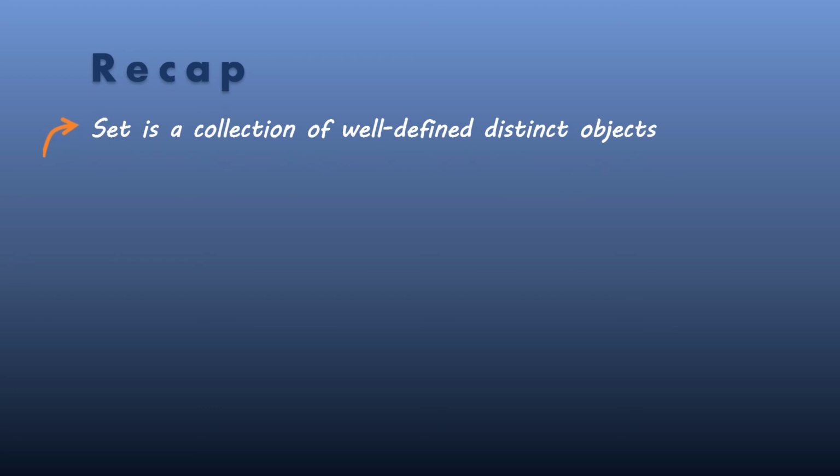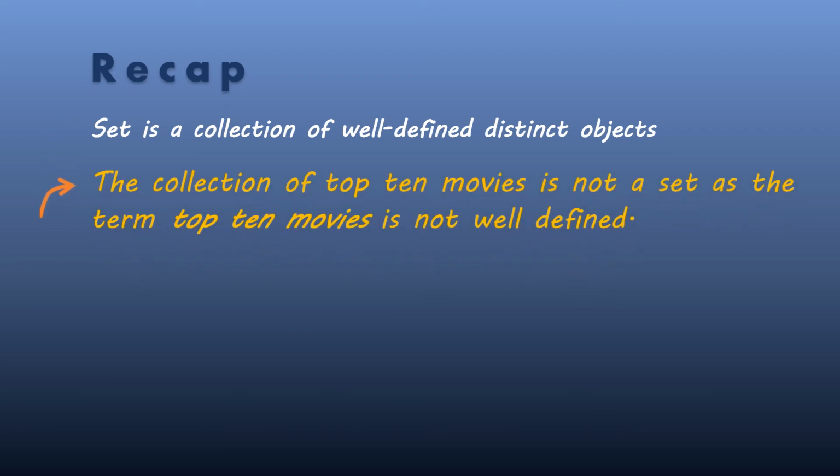Let us recap what we have done till now. Set is a collection of well-defined distinct objects. The collection of top 10 movies is not a set, as the term top 10 movies is not well defined.